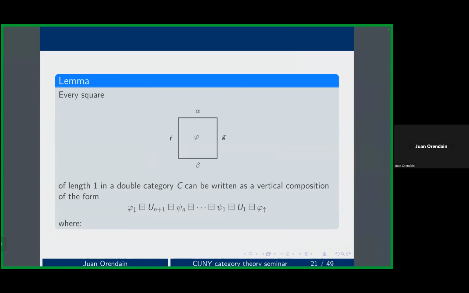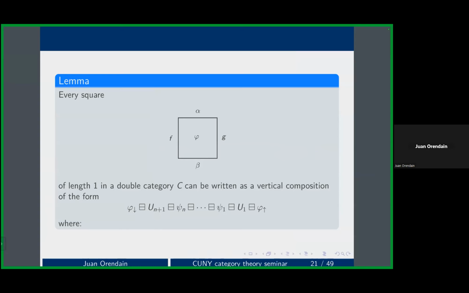In a globularly generated double category, if you have a square of length 1, then you can decompose it in a very particular way. So C can be written as a vertical composition. Well, this doesn't say much. There is a vertical composition like this, where you have one special square with an upwards arrow, and a final square with a downwards arrow.